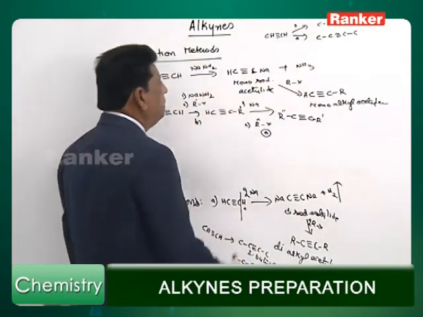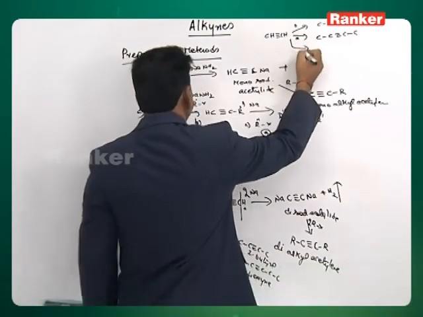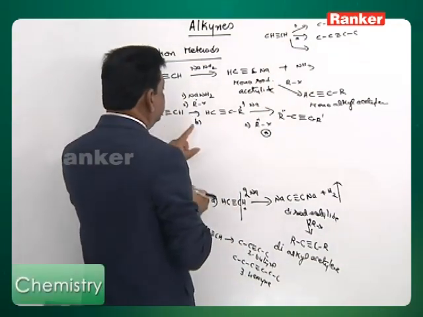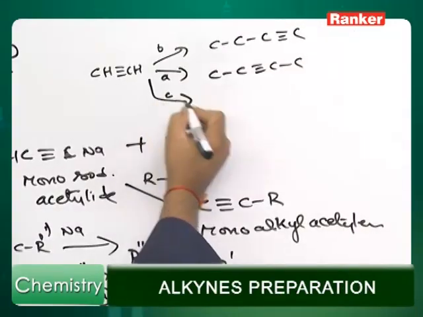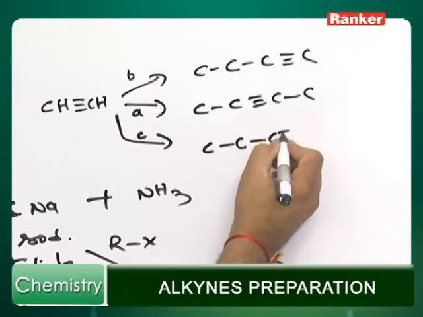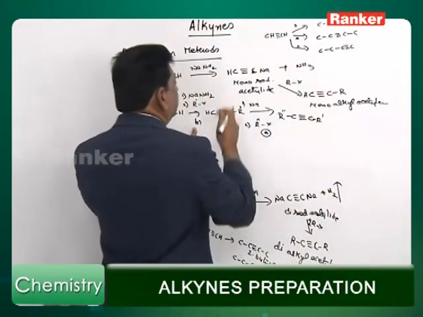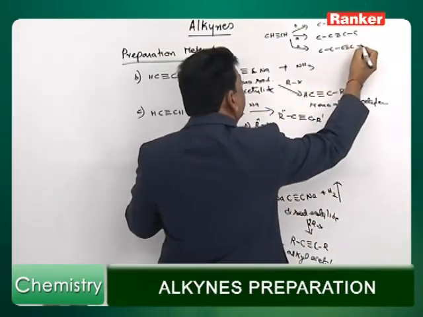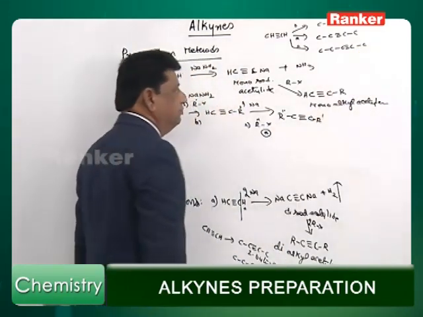will come, right. Now, this C method means first get one monoalkyl, then again prepare the sodium salt, then introduce another alkyl which is different from the first one.